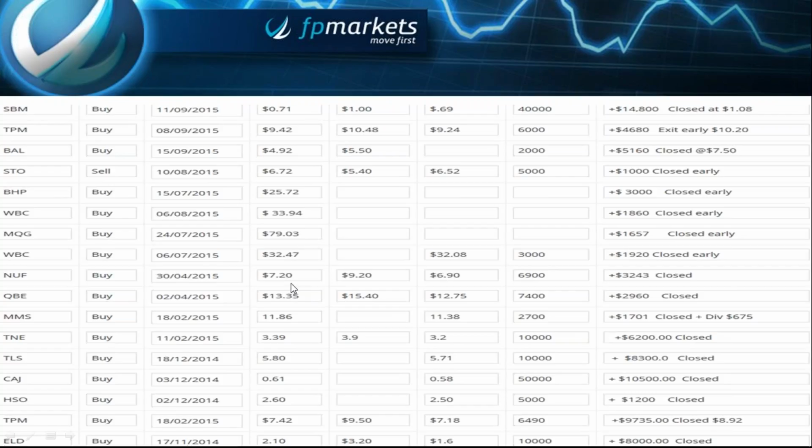On the FP Markets website, last year we conducted a portfolio in real time based around $100,000, and all of the buy sells and the reasoning behind it are still on the website there. It's the first portfolio we did, and the point I wanted to make with this slide was that we simply listed out all the buys and sells and the dates.